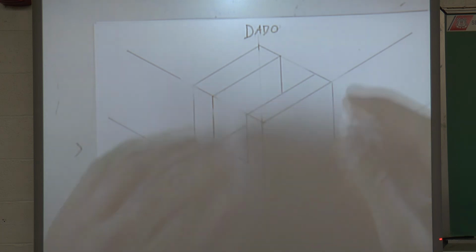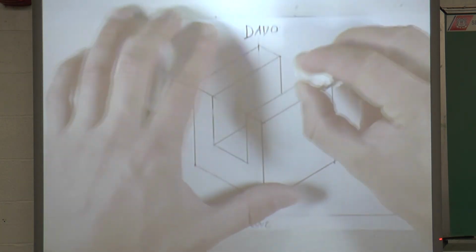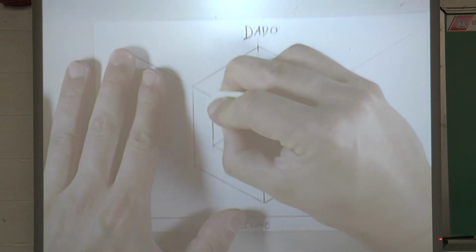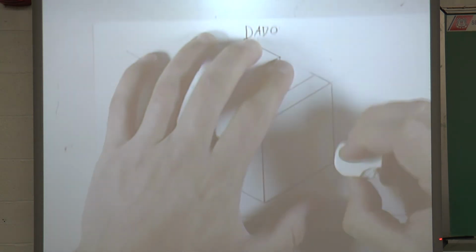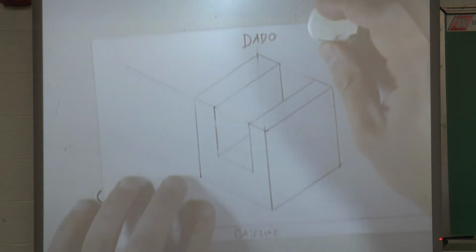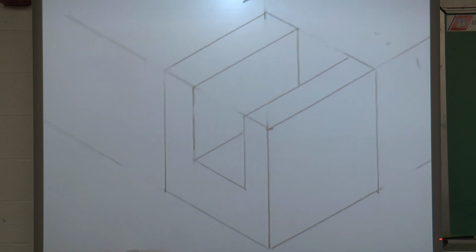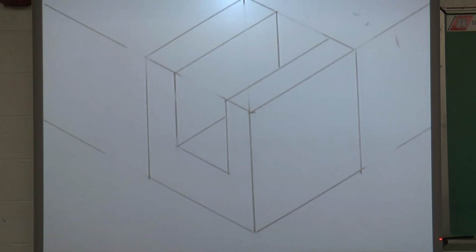If you want to clean it up a little bit, you can go ahead and just erase a little bit more of the lines that you don't want to show on there. And that is how you make the Dado. Quite simple. Very few lines.